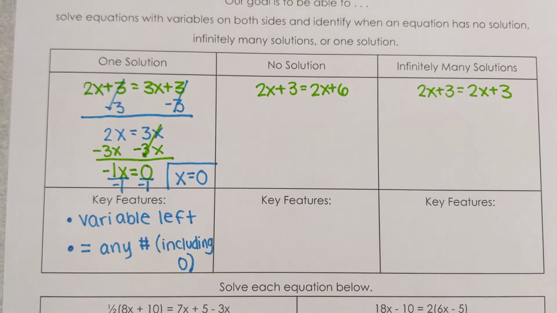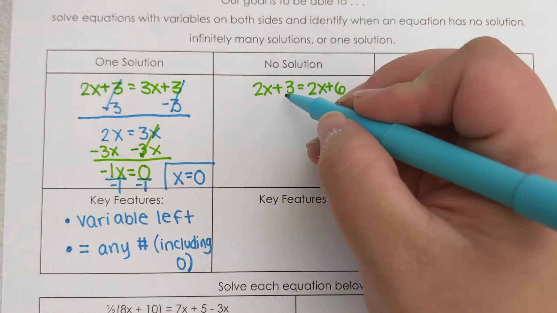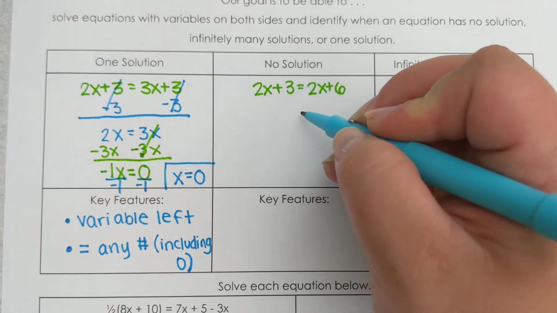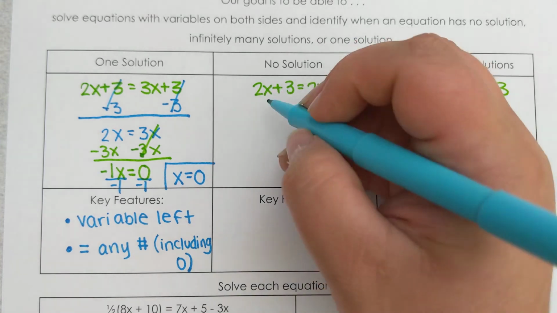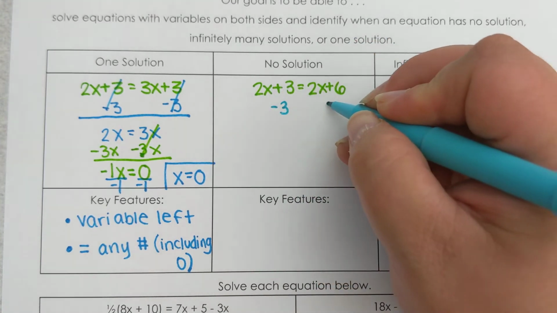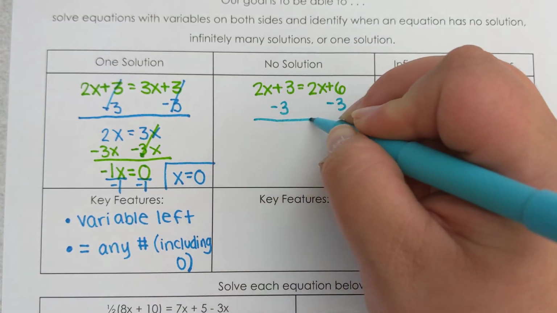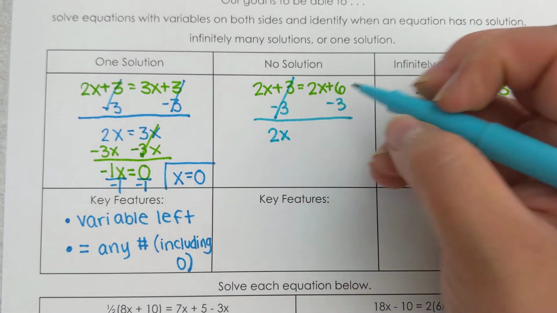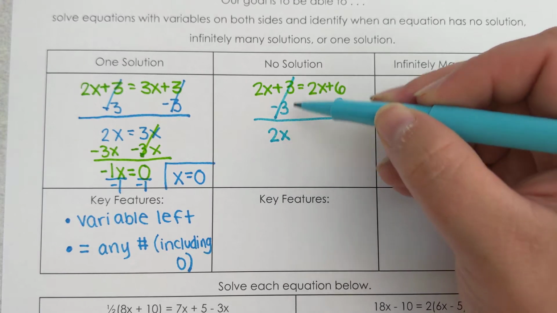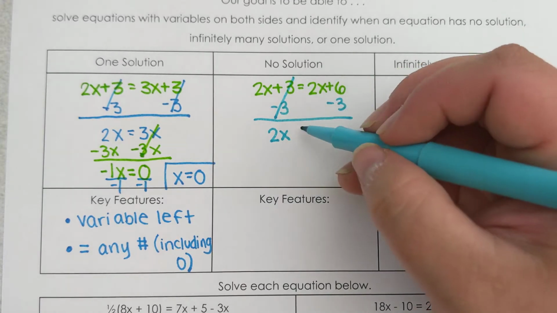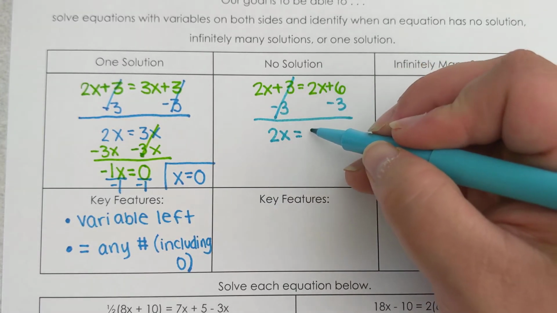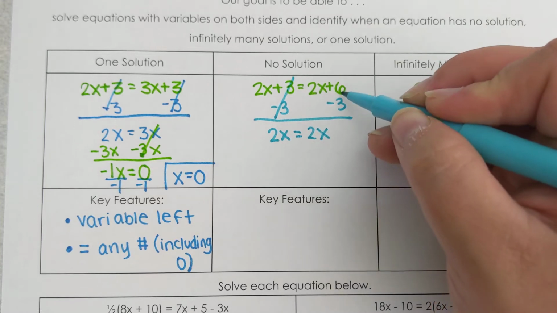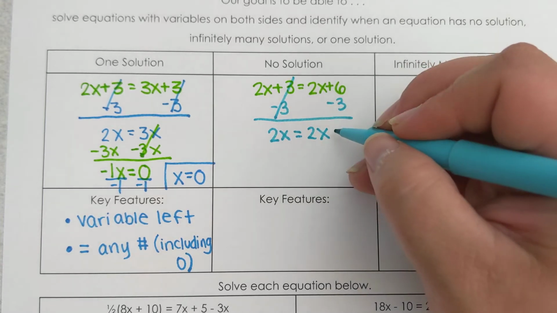Now let's see what happens on the no solution. I'm going to move this 3 again because I want it to be over here with the other thing that doesn't have a variable. And then my 3's cancel, so I just have 2x. I subtracted that 3. And then over here, my 2x, and 6 minus 3 is 3.